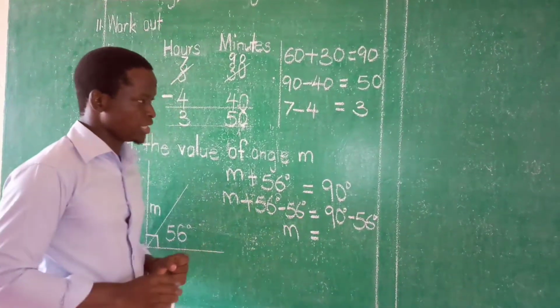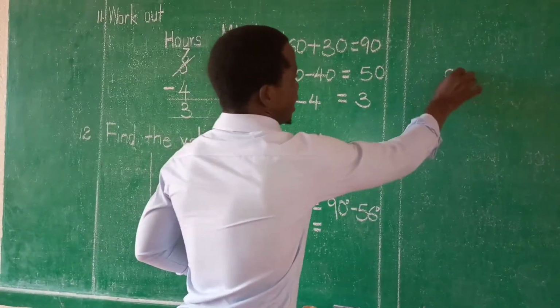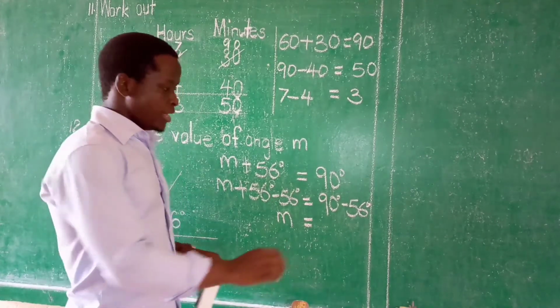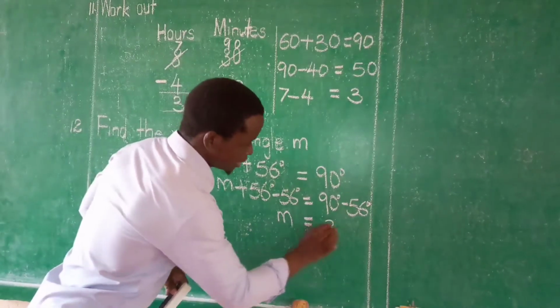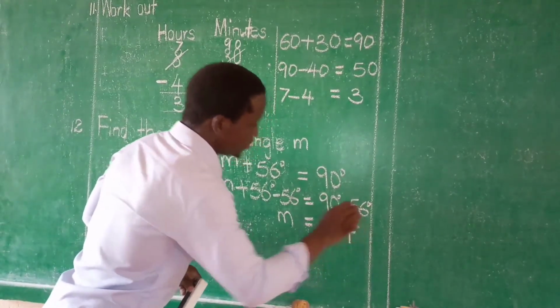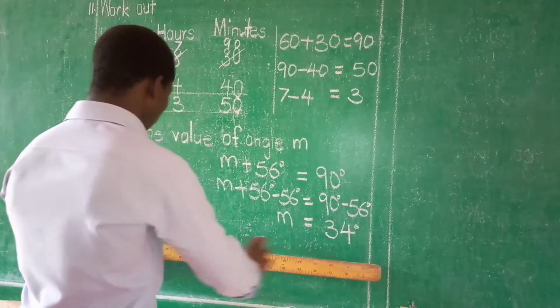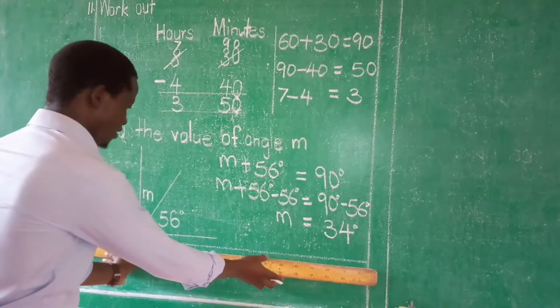Take away 56. Now, 90 take away 56, we get 34 degrees. And that's the value of A. Underline properly with double lines from margin to margin.